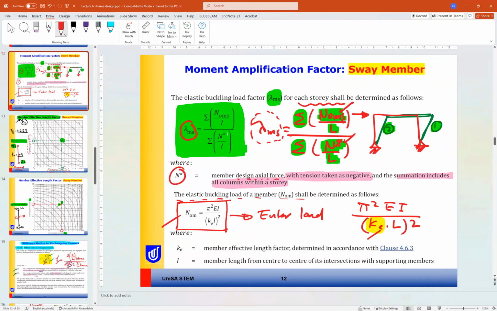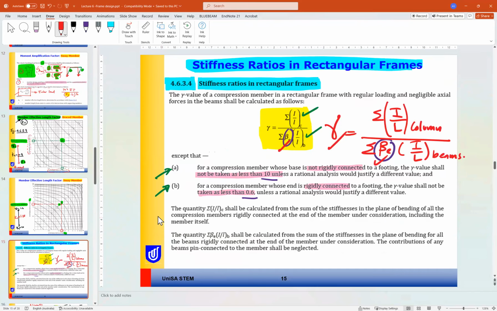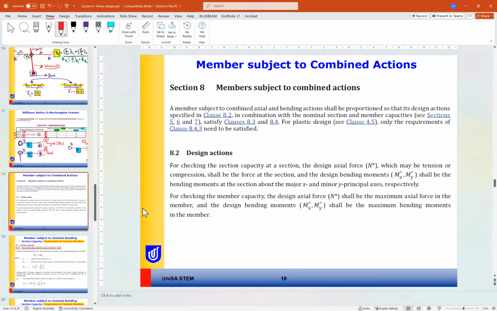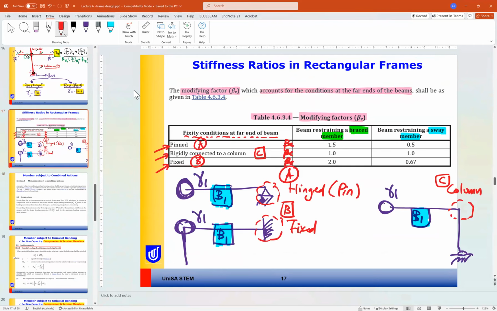Okay, do you have any question, guys, for this part? So all this part was the second order effect and the amplification moments.